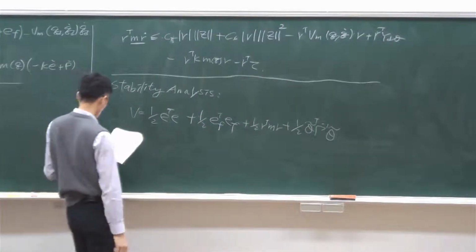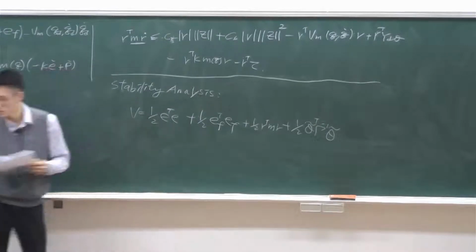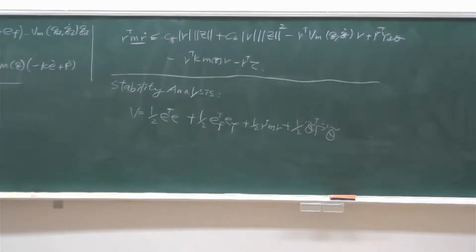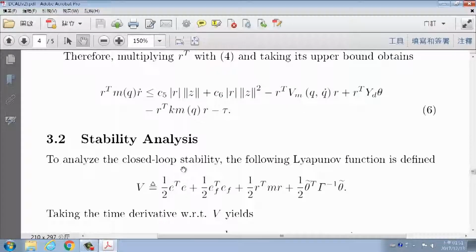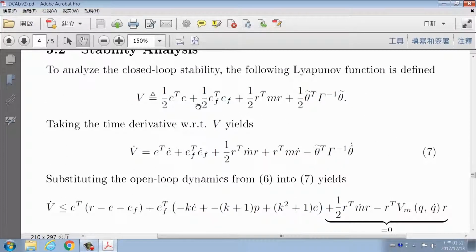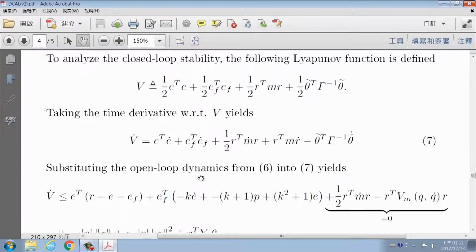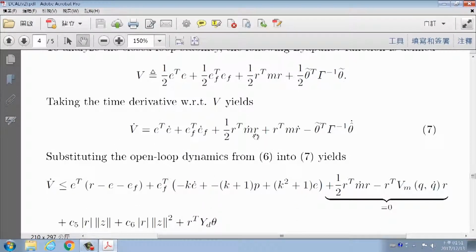You take the time derivative and substitute the closed-loop dynamics, which is R transpose M R dot, on the board.